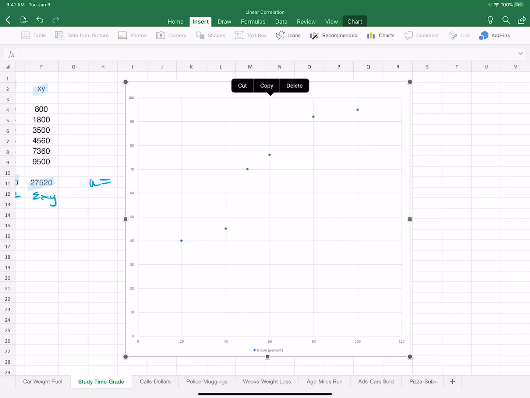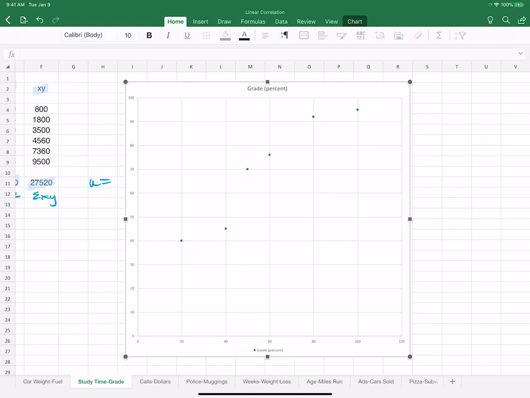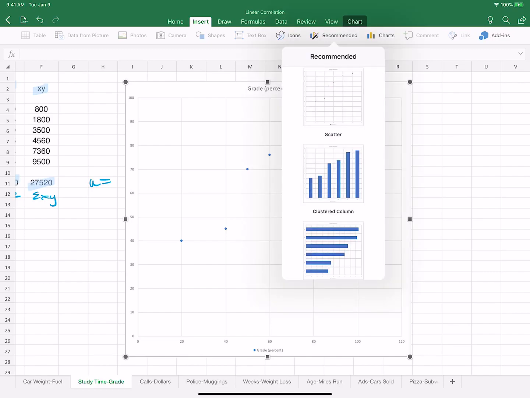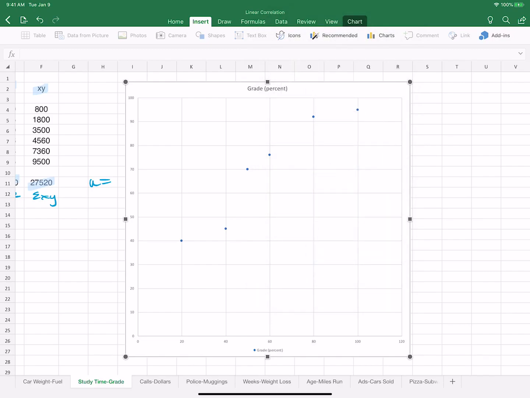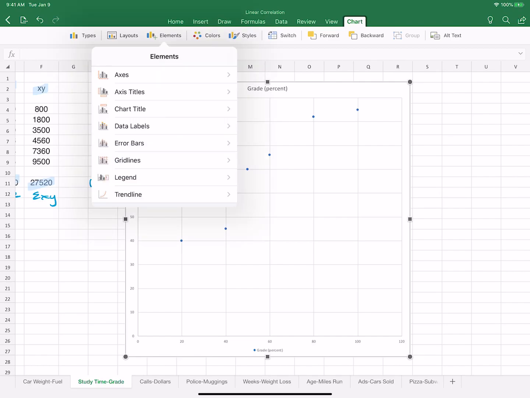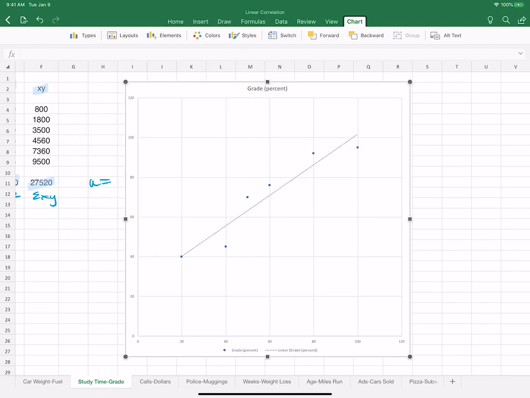No, it is under... Okay. It's not insert. Like equal correlation or something? No, it's under chart. I think it was under chart. Sorry. It's insert elements. It's kind of weird. Trendline Linear. There it is.